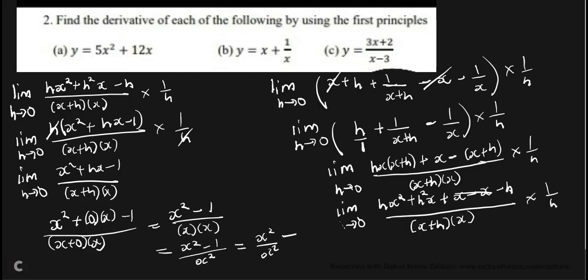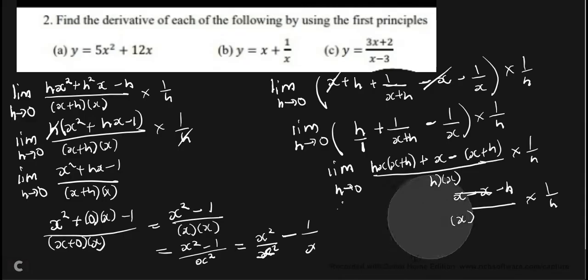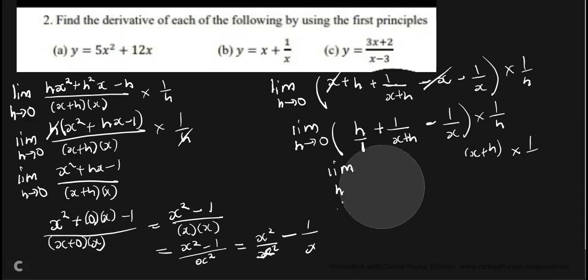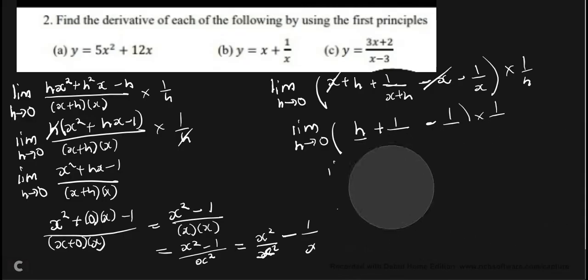Minus, this is x squared minus 1 over x squared. Then you have the answer, which is this, equal to x squared over x squared, the answer is 1.